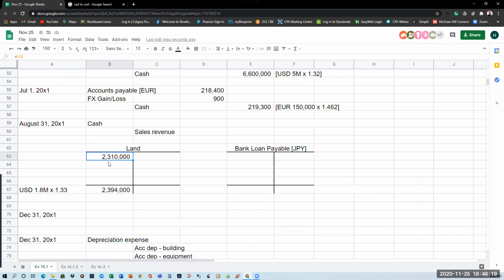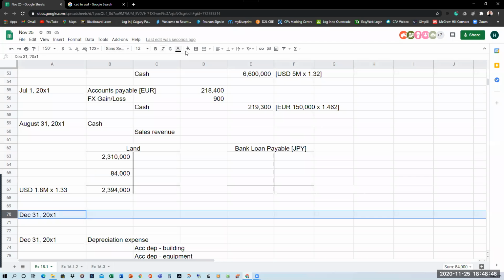Now, originally the land had been recorded at 2,310,000. When you look at the 2,394,000, you can clearly see that there's been an increase in the value of the land to the tune of $84,000. The increase in the value of the land, in order to show that on the books, you need to debit the land for $84,000.